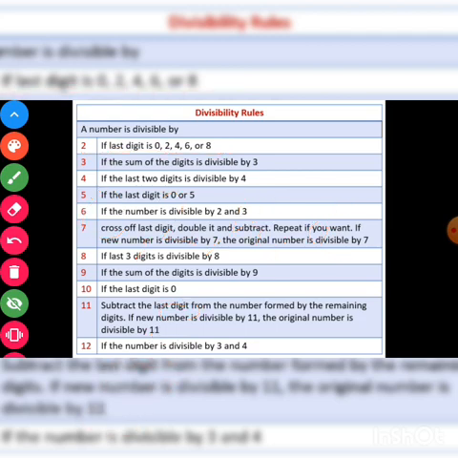And if the number is not ending with 0, 2, 4, 6 or 8, then the number will not be divisible by 2. For example, let us take 28. 28 is ending with 8. That means it's an even number and the number will be divisible by 2. So 28 is divisible by 2.